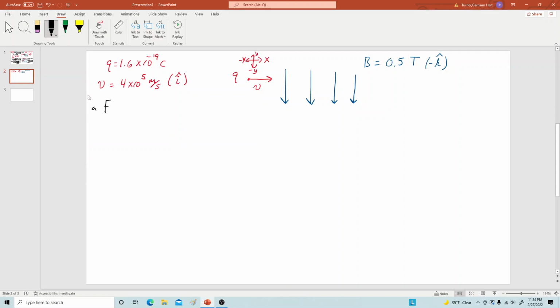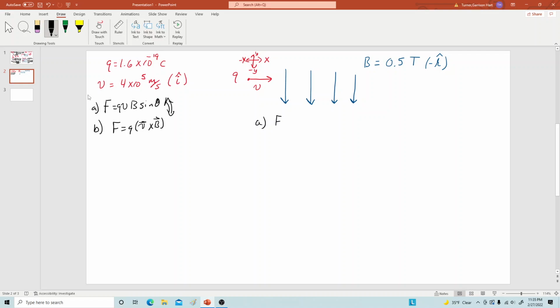So first things first, let's use F equals QVB sine theta. When you take the absolute values of V and B, this is what you get. And then let's actually do the cross product, and we'll show explicitly that these two expressions agree. So for part A, here we go.